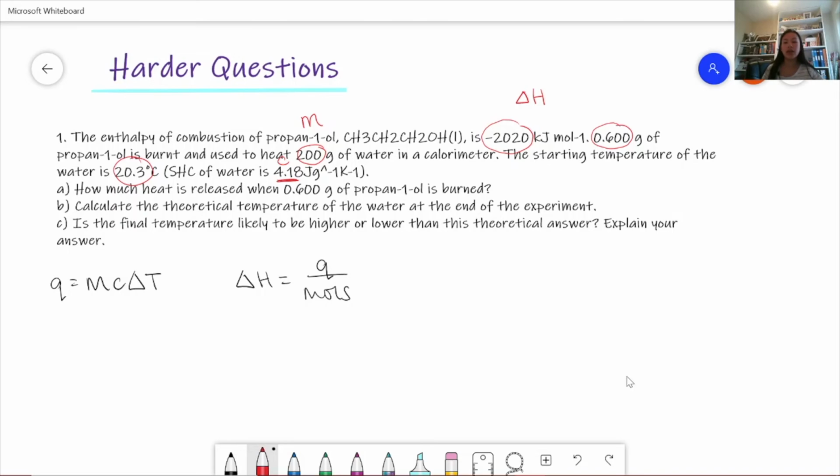So from this, we can tell that we can't use this straight away because what we're trying to find is the delta T. And so we use this equation first.